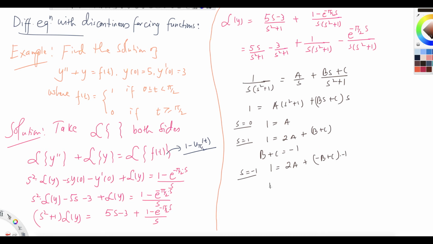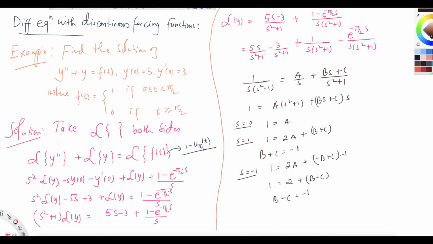What do you get? 1 equals 2, plus, you see how much is that? It is c minus b, and if you multiply by negative, it will be b minus c, right? So b minus c equals -1, that's what you get, okay?